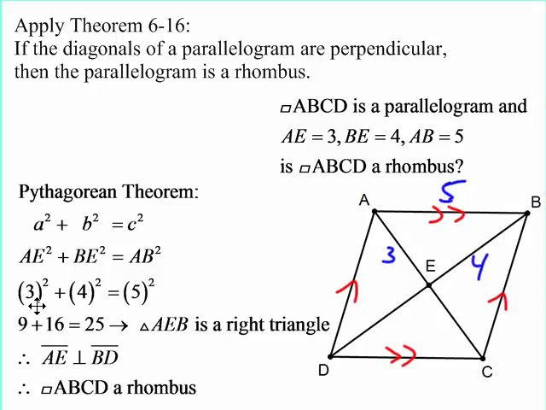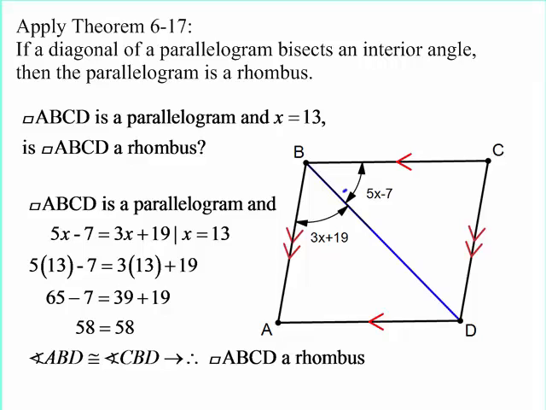And it does work. Look, I got 3 squared plus 4 squared is equal to 5 squared. That's 9 plus 16 is 25. Clearly that triangle is a right triangle. If it's a right triangle, we're picking up a right angle right there. And if we're picking up a right angle, then that means the diagonals are perpendicular, and it started out as a parallelogram. Once again, we have a rhombus. Next page.